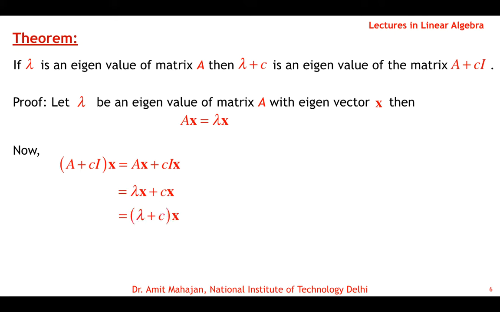Lambda plus C is a scalar, so clearly A plus CI times x equals lambda plus C times x. Okay, so x becomes the eigenvector and lambda plus C becomes the eigenvalue for the matrix A plus CI. So that proves our result, that if you know the eigenvalues of matrix A, then we know the eigenvalues of A plus CI matrix for any C as lambda plus C.